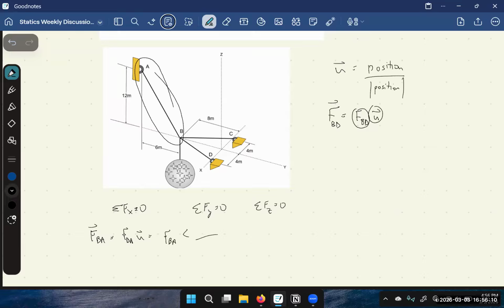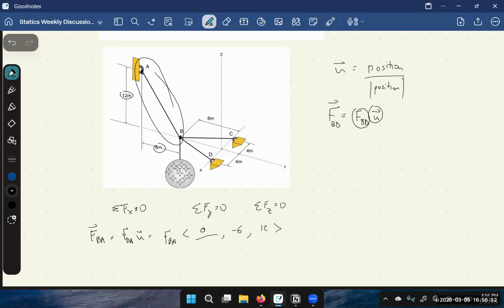I'm doing the x coordinate part. So in the x axis, there is no x component, it's 0. And in the y, there is a -6 because it's going from point B to A. So we have a 6-meter distance. And then for the z, we have a 12-meter distance.